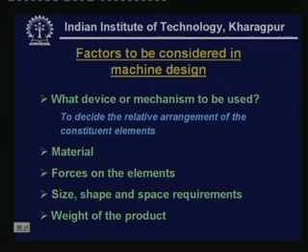Next comes the material. We had a long discussion on material while considering the example of the chair. Now, material selection has become one of the research areas. Metallurgists are every day giving new materials, new developments.